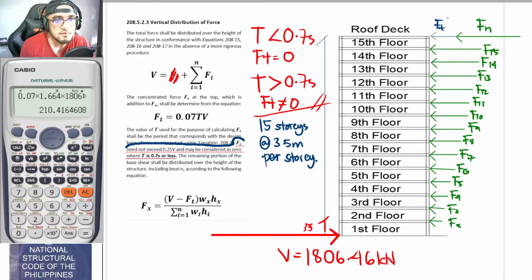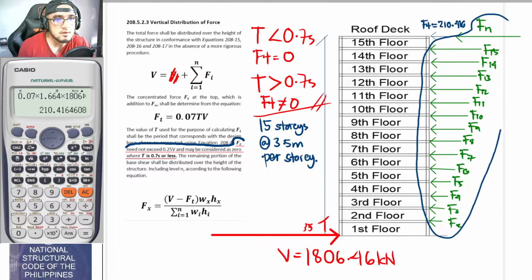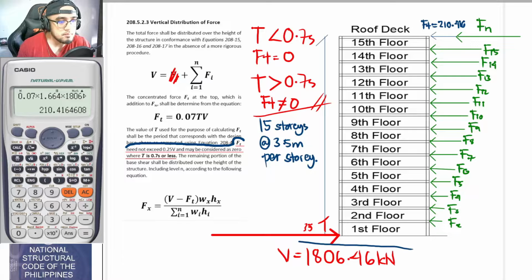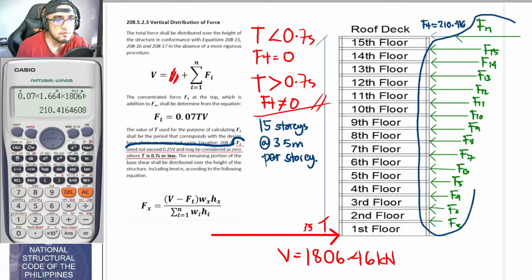So in this figure, Ft is equal to 210.416. So that is just for this blue line according to NSCP. Okay, so what about for these green lines here? So whatever is left, if you would be subtracting 210.416 by this one, it should be distributed to all of this in proper ratio, of course.